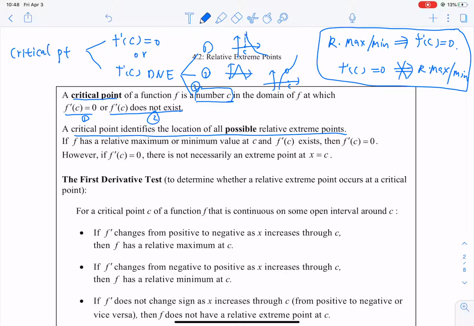We can go only from relative maximum or relative minimum to f prime of c is 0. But for a critical point, as long as f prime of c is 0, we just say it's a critical point. So the critical point shows you all the possibilities of relative extreme points.